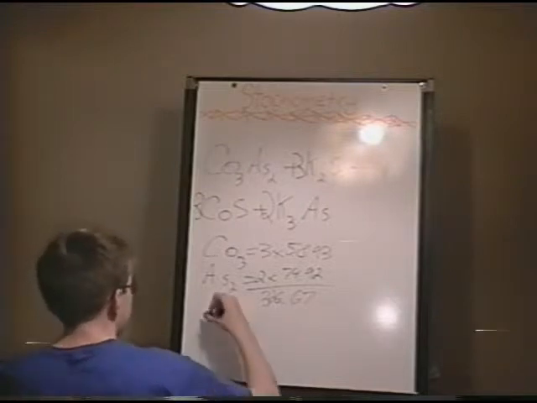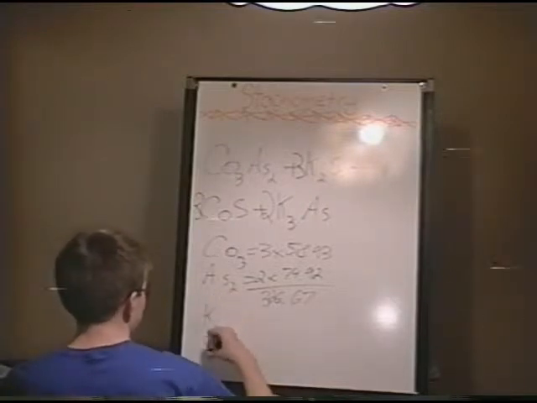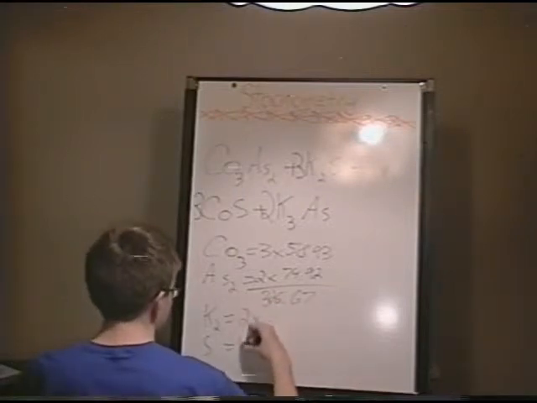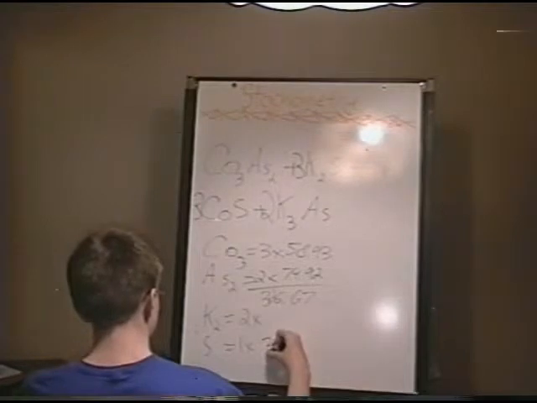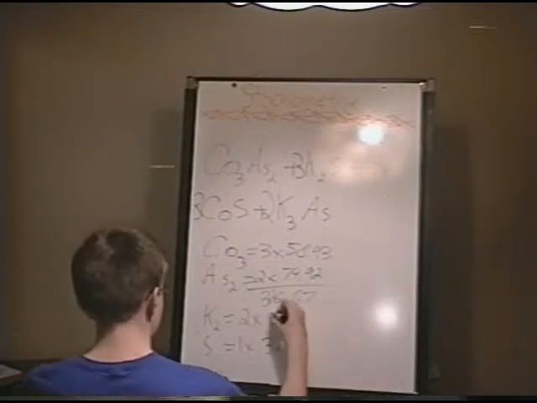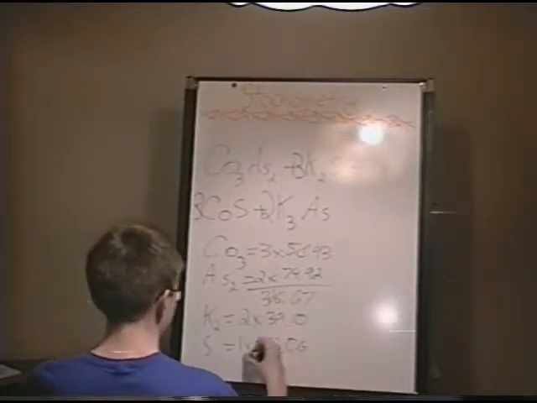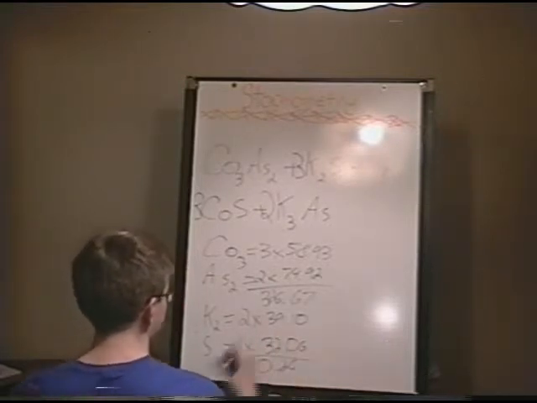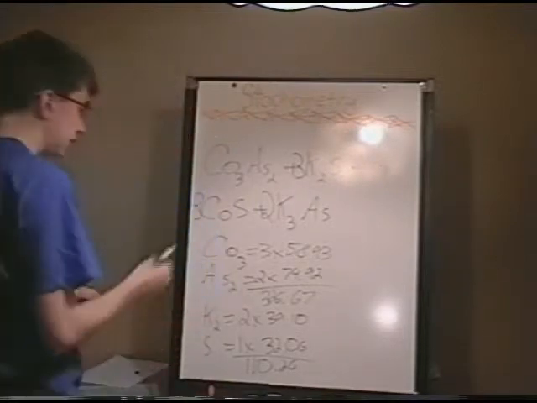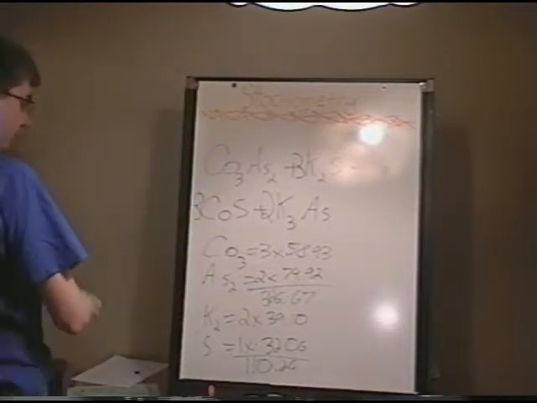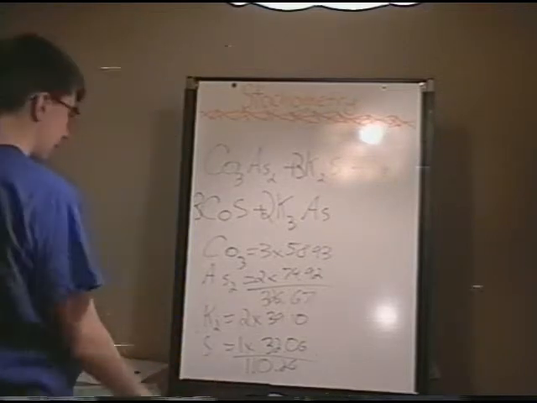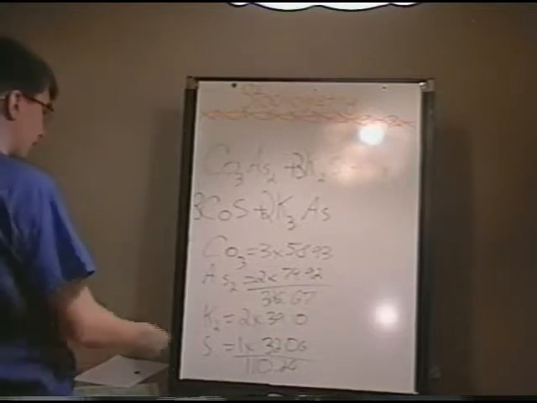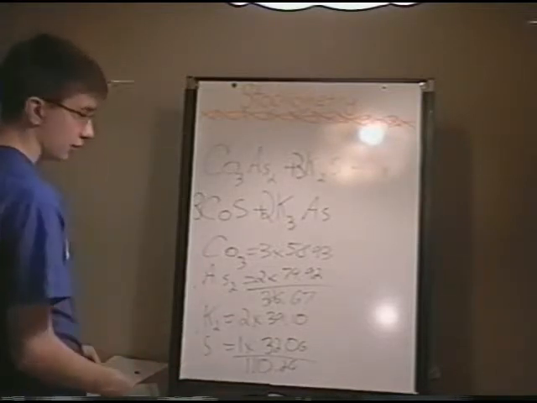The molar mass of K2S is 110.26. This is your molar mass of these compounds. Co3As2 is 326.67, K2S 110.26.